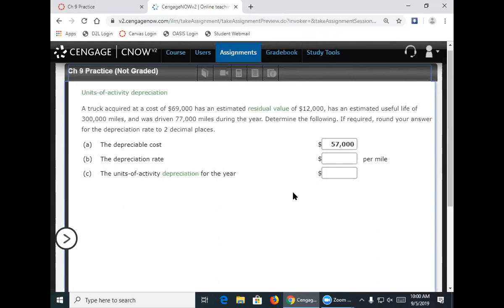So what's the depreciation rate per mile? 0.19, very good. 0.19 or 19 cents a mile.